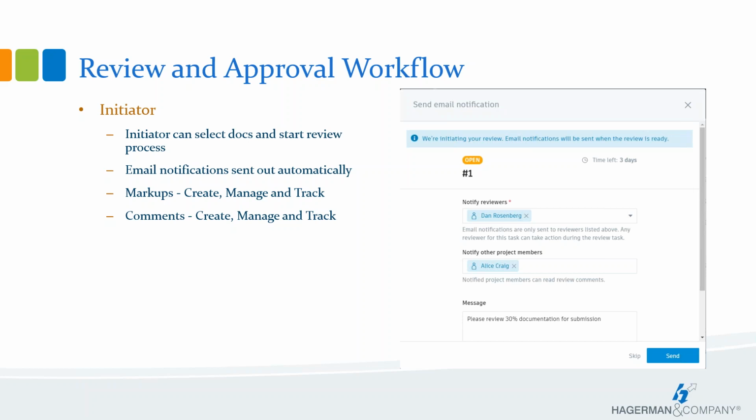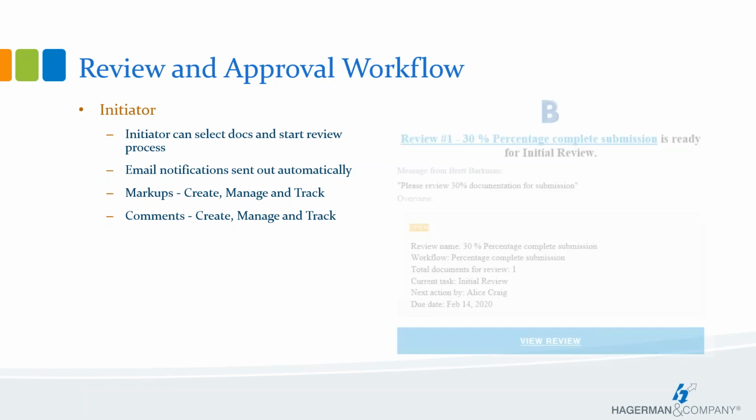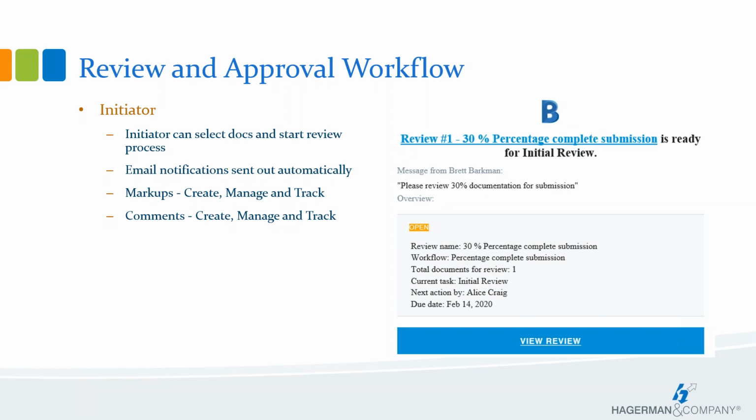Add any other project members that you would like to be notified that a review has been submitted for approval. Once you select Send, an email notification will be sent to the participants in the workflow, as well as other project team members that you can choose to be notified of the review process.